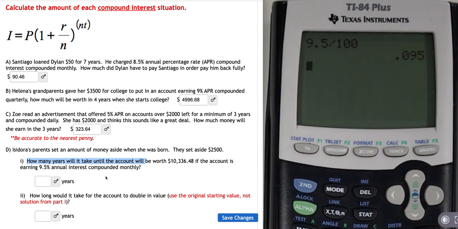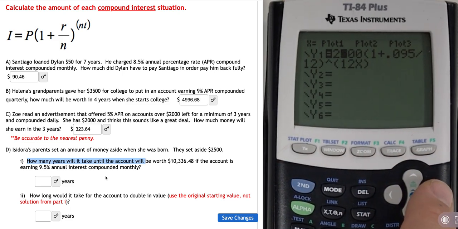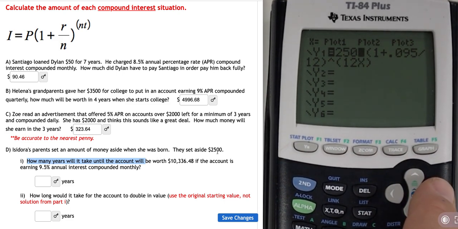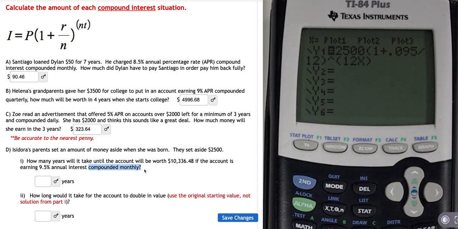Now, as it says how long until, go to your Y equals and type in the starting amount of money, that is $2,500, and then 1 plus your rate, the R value, divided by 12, because it's compounded monthly, as it says right here, and then to the power of 12 again, times X. We're going to leave the T as your variable, that's going to be changing as you go throughout the table.